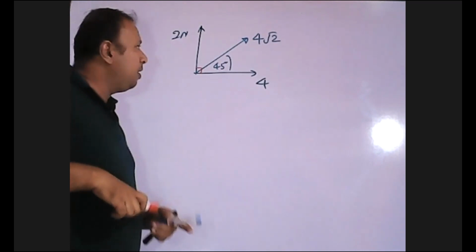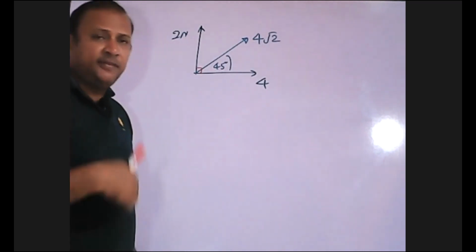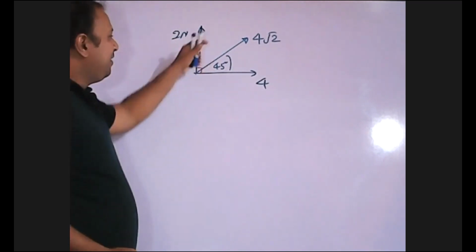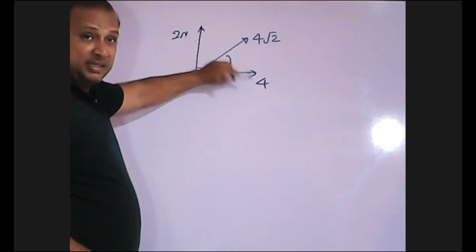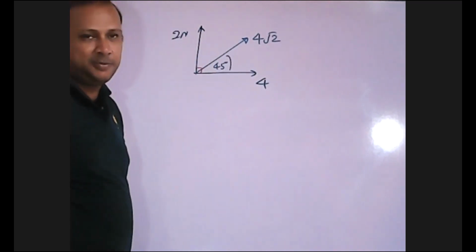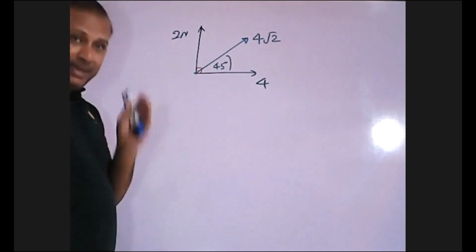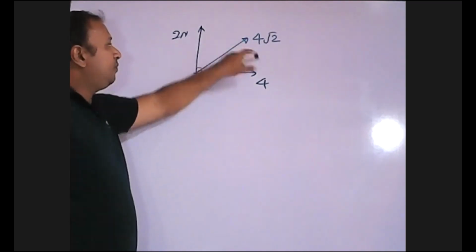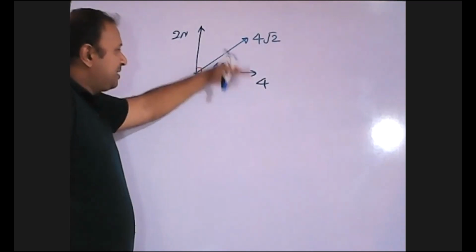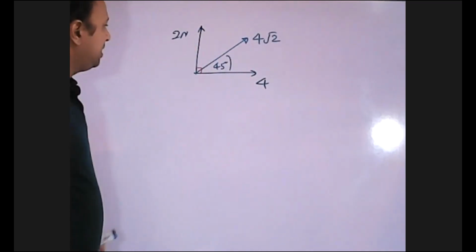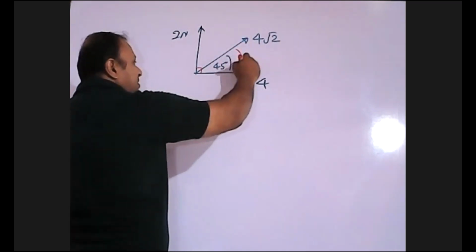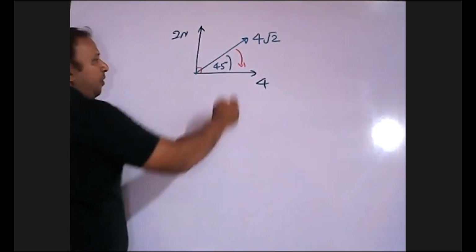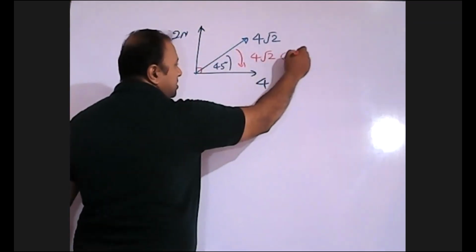Whether it is sine 45 or cos 45, it is equal to 1 over root 2. Therefore, it is very easy to get the resultant force after resolving 4 into root 2 into the x direction and the y direction. In the x direction, it is 4 root 2 into cos 45.